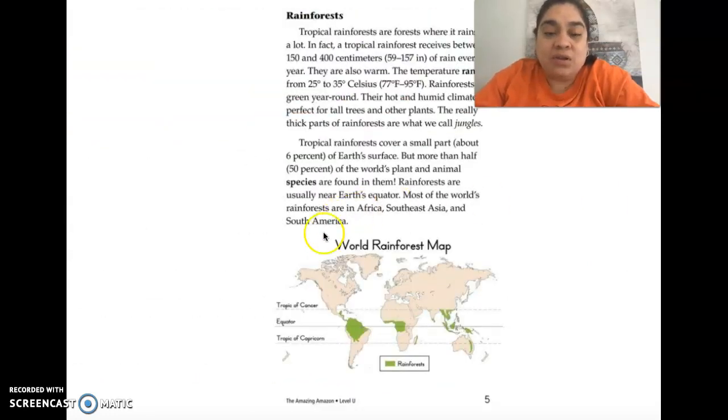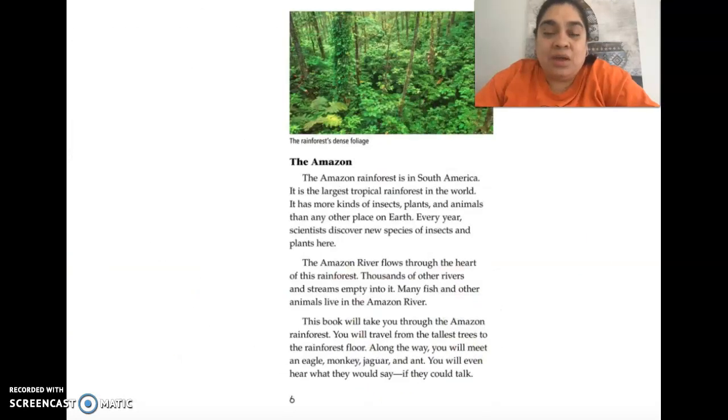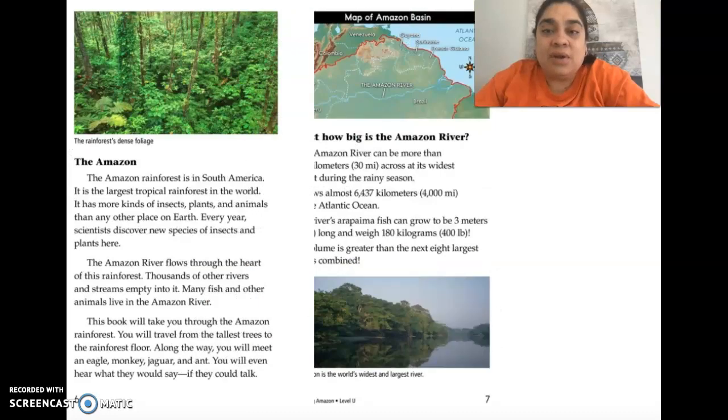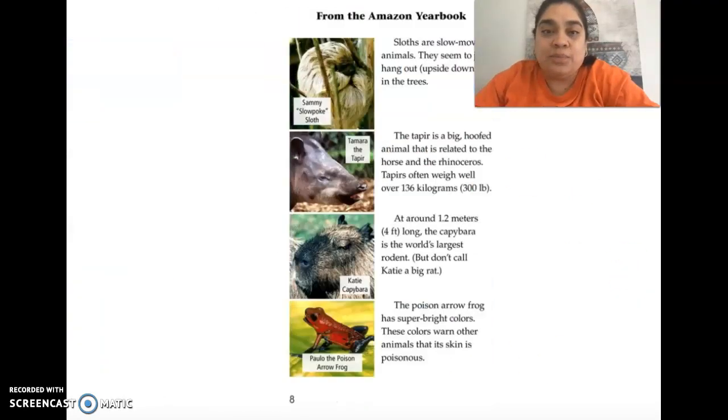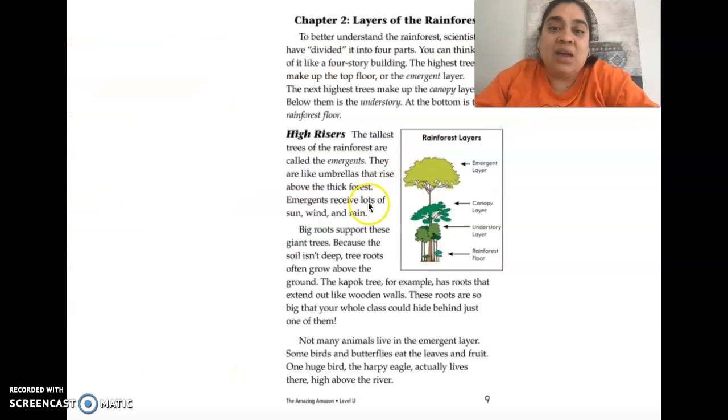We also notice that they're giving us a diagram of a map. There's a key and it shows you where the rainforests are. Here's another photograph of the rainforest. You have photographs, you have a map, you have captions. You're also going to be given different pictures of animals that live in the rainforest. We have the rainforest layers.